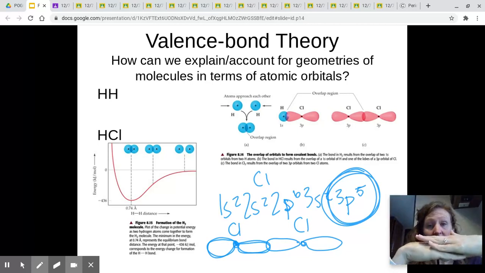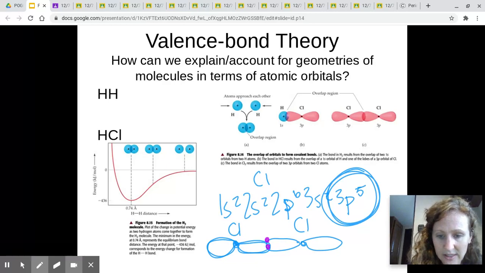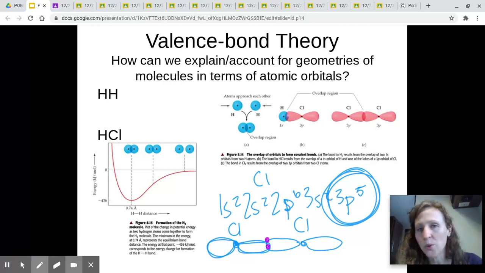If the dumbbells, if the orbitals are too close, then you're going to get the nuclei from these protons of chlorine too close to each other. They're going to repel each other away, right? So we want this happy little overlap of the two p shells. And in that overlap is where the electrons are going to be localized, where they're going to be located, right? And we're going to get a bond. So the two electrons are going to exist in this overlap region.